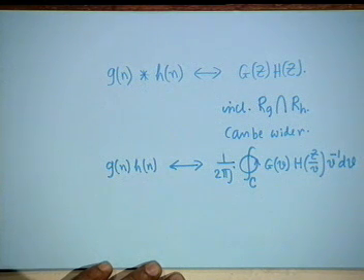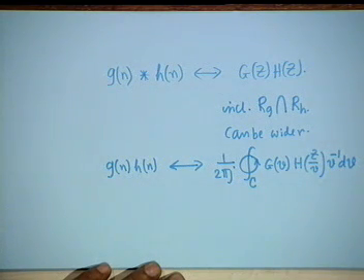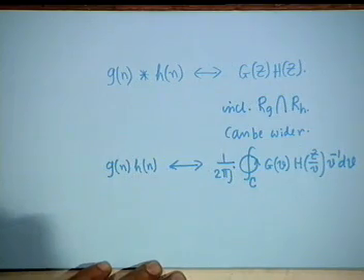It should be easy for you to find out. The clue is that you replace G of v by its equivalent expression, that is summation g n v to the power minus n, and then interchange the summation and the integration. You should be able to prove it.